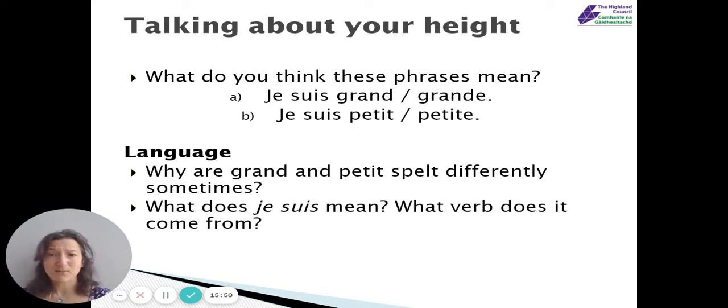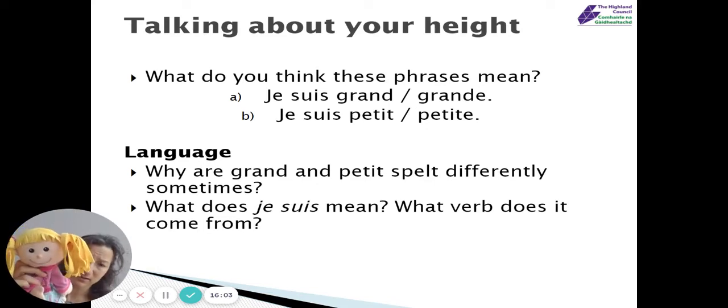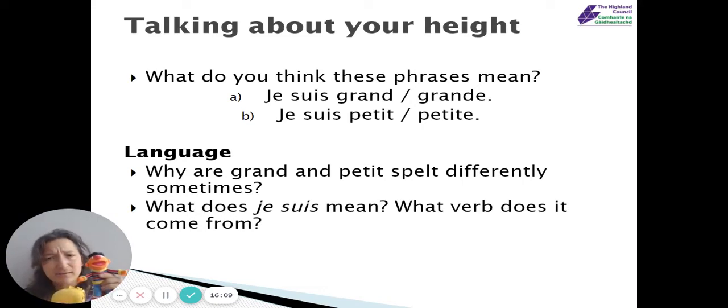You can also make it more obvious by doing something like this. Je suis petit. Je suis grande. Why does she say grande and he say petit?